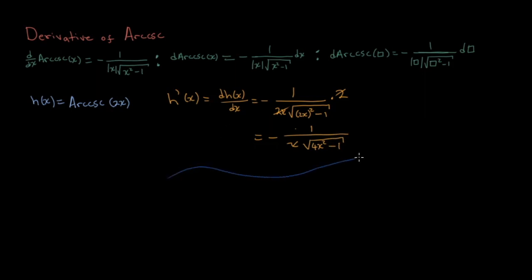So of course we can do another example here, which we will do now. I'm just going to make some space here. So let's say we're given another function, which we'll call f of x, and f of x is equal to the arccosecant of the cotangent of x.